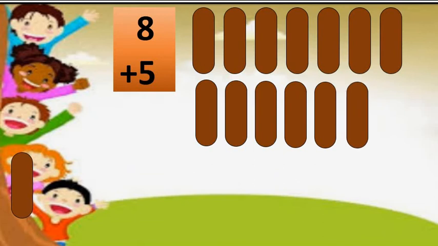Now see how many objects are all together. 1, 2, 3, 4, 5, 6, 7, 8, 9, 10, 11, 12, 13. 8 plus 5 is equal to 13. Completed. Now write new sum.